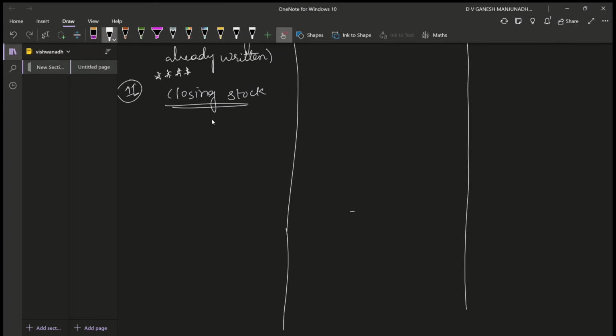Whenever any revenue is generated, to generate that revenue, how much cost was incurred, that should be matched and cancelled.